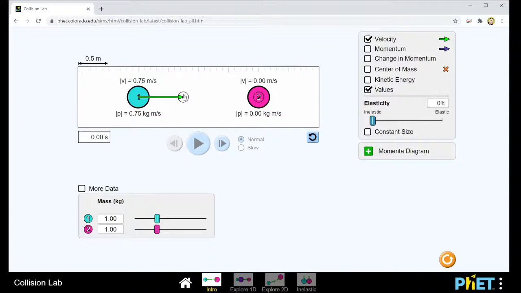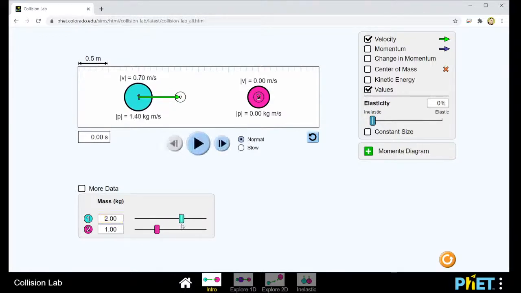All right, now let's look at the values. What we're seeing here is the magnitude of the velocity and the magnitude of the momentum, and the symbol P is used to represent momentum. M's already used, M is mass. Let's make this mass 2 kilograms.